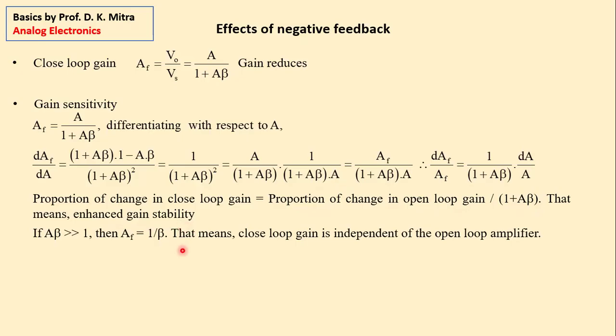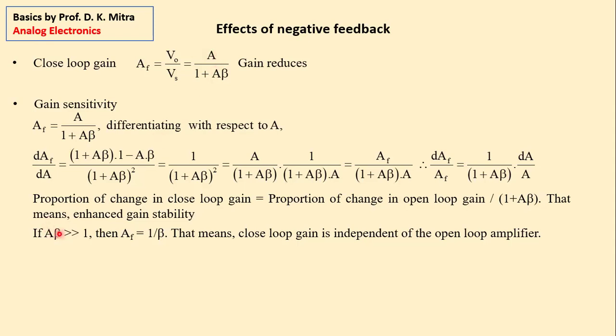Further, if you design in such a way that A beta is much more than 1, it is possible to design in such a way. Then A upon 1 plus A beta becomes A upon A beta, which becomes 1 by beta.